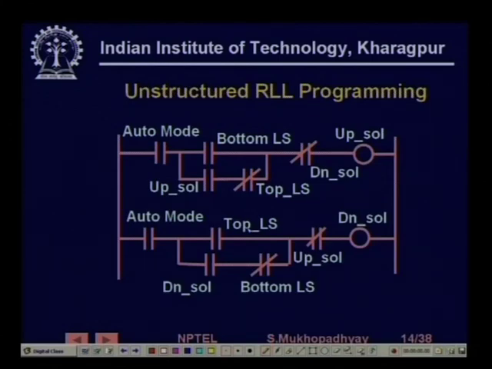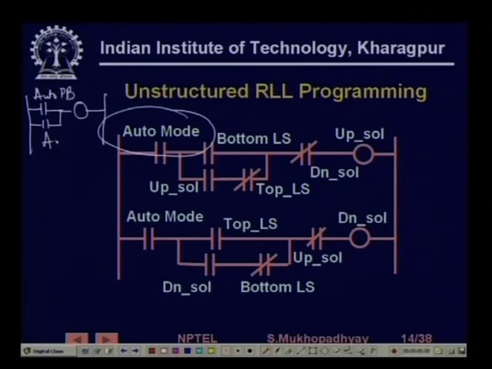It says that if the auto mode, by the way, this auto mode is actually an auxiliary contact corresponding to some logical variable which you can set by a simple rung: if it is auto PB, then you have an auto mode coil, and you have this auto PB, and here you can have auto mode. So, you can have an auto mode coil, and this will be an auto mode auxiliary switch, so that the PB can be released. This is a sort of persistent input.